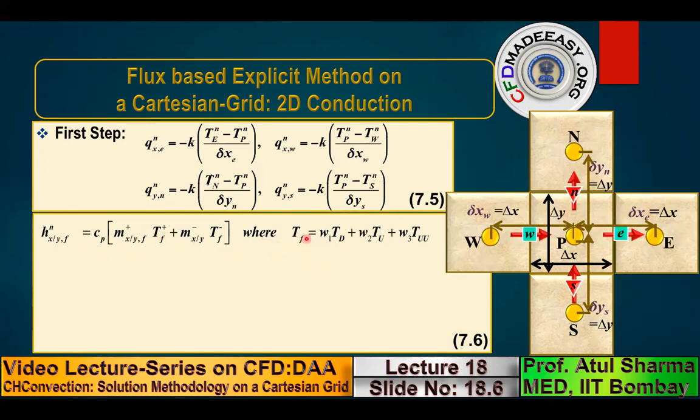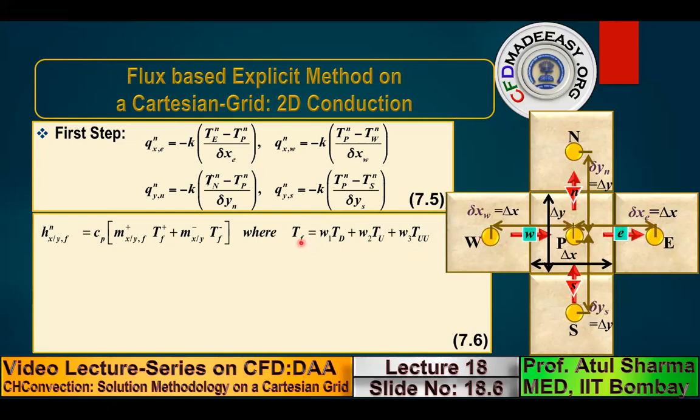So if this is a general expression, now if you want to use this expression for the east surface, for the flow in the positive x direction, you will get TE plus, and for the negative direction, you will get TE minus. So for TE plus, the downstream neighbor will be capital TE, TU will be TP, and the upstream of upstream neighbor will be TW. Okay, so that will give you TE plus.